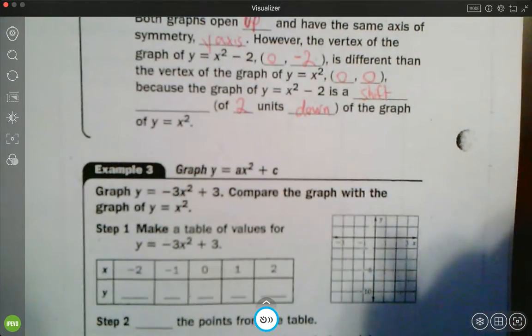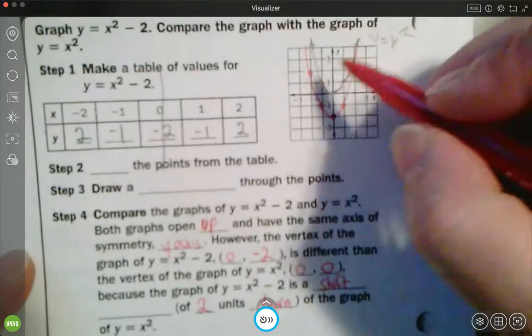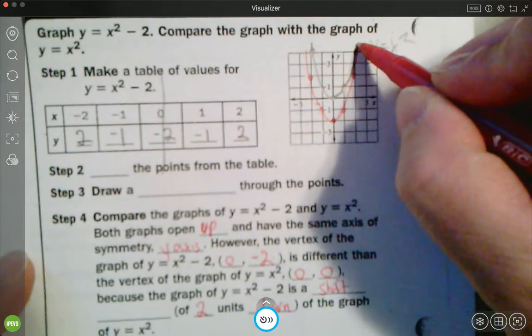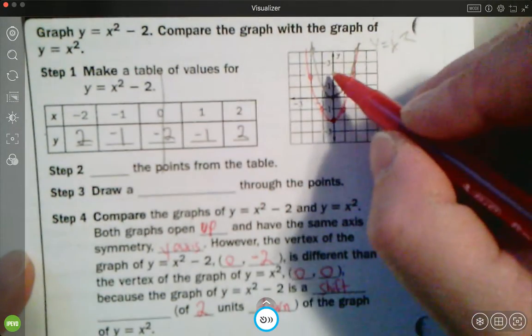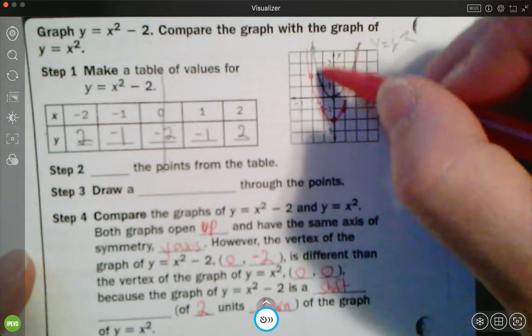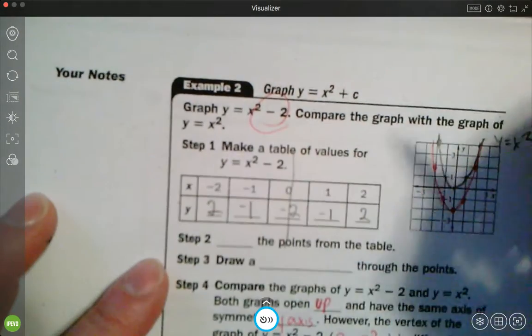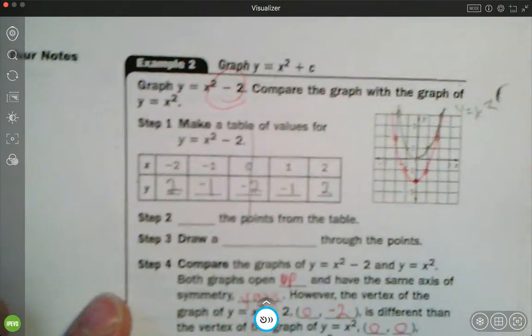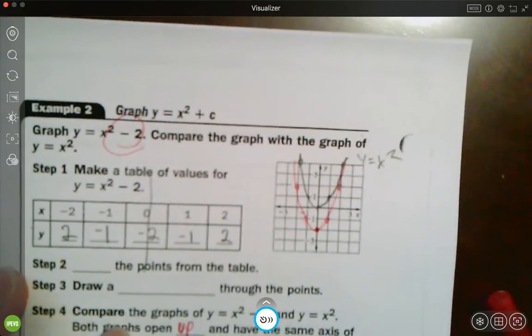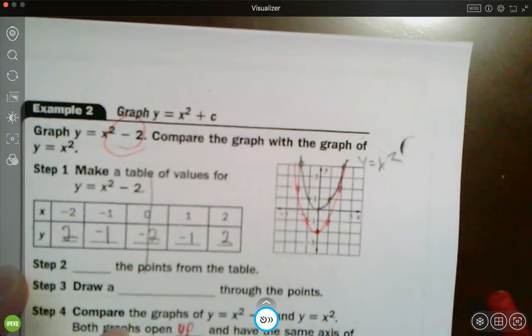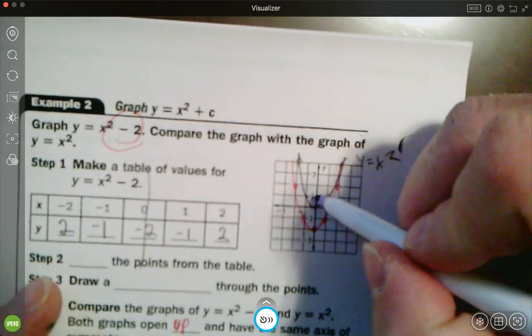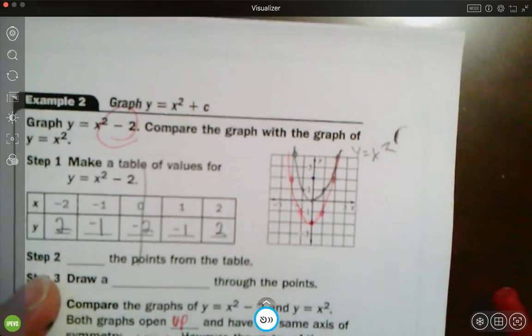So that was interesting. So again, it is the same line of symmetry. It just shifts this whole parabola down 2 when your c value is negative 2. So just for the heck of it, if my c value was plus 2, it would have shifted the whole parabola 1, 2 up to here and started there.